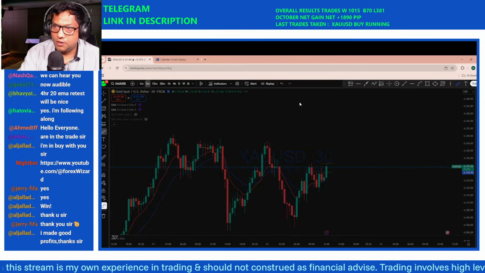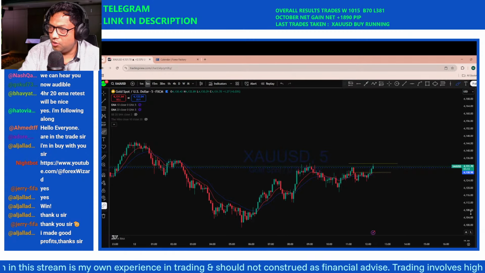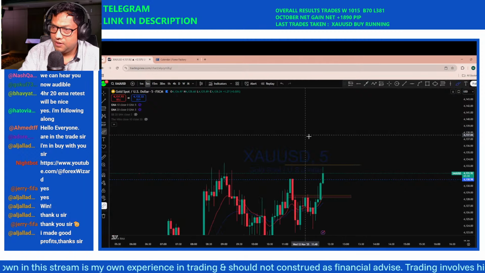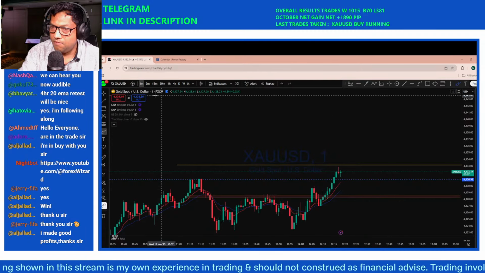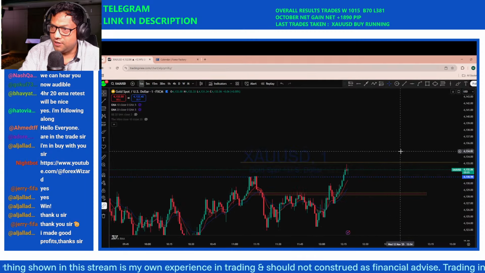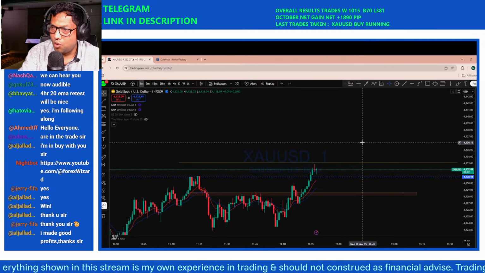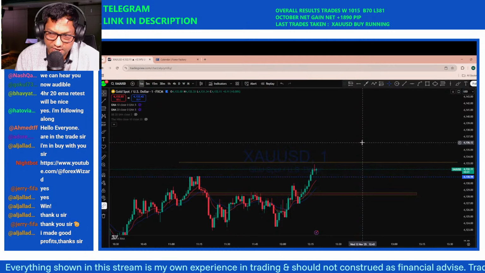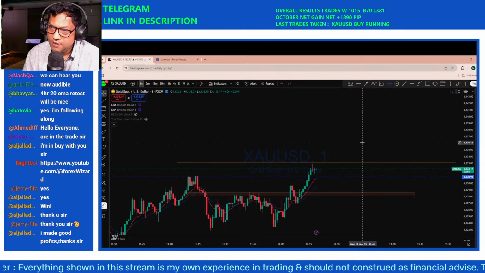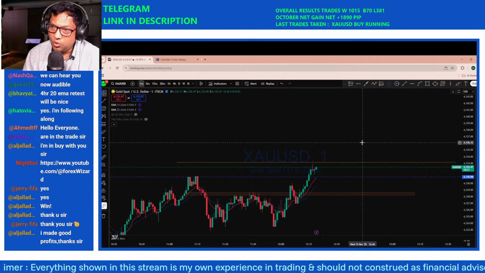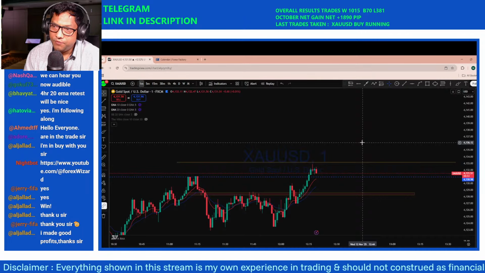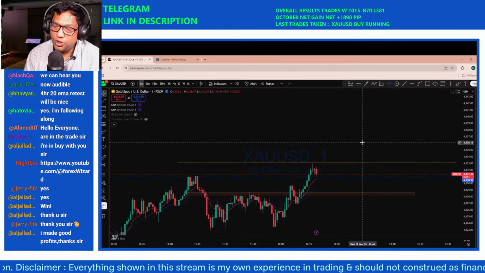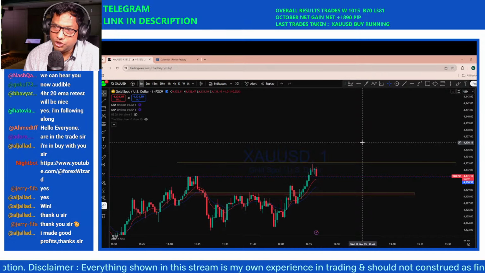Great. So let's see now on the lower time frame how the market structure is trying to create that momentum in that area. The way the market structure is forming on the 1 minute that we are looking at on gold is still showing up to be a bullish trend continuation.